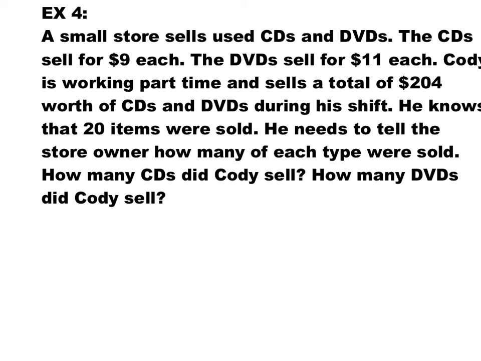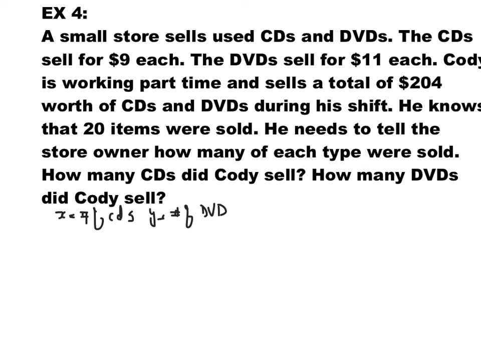Let's say X is equal to the number of CDs sold and Y is equal to the number of DVDs sold. We have to find out how many CDs and how many DVDs, meaning we have to find X and Y.